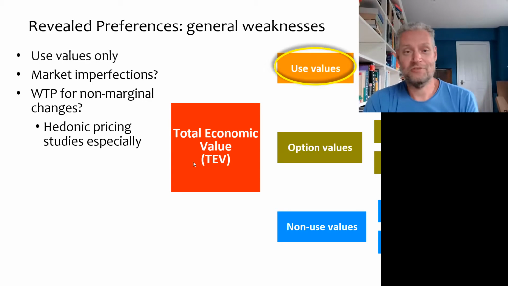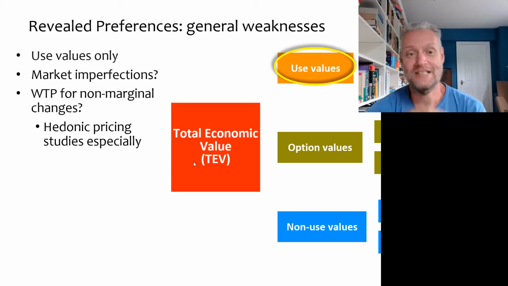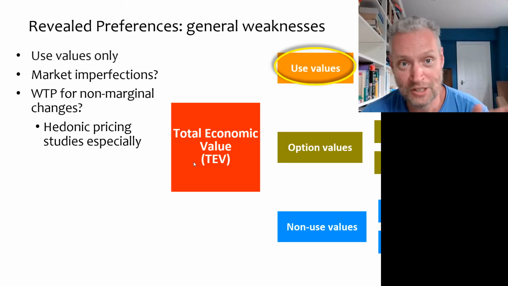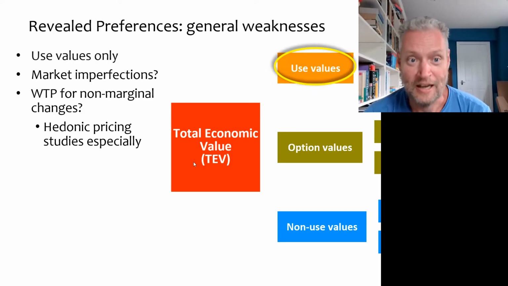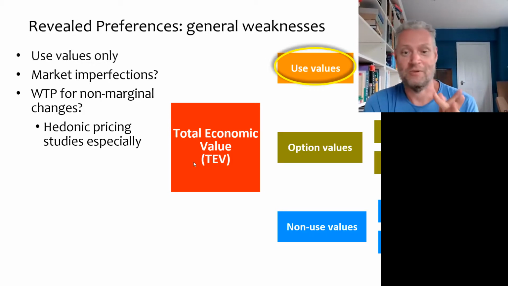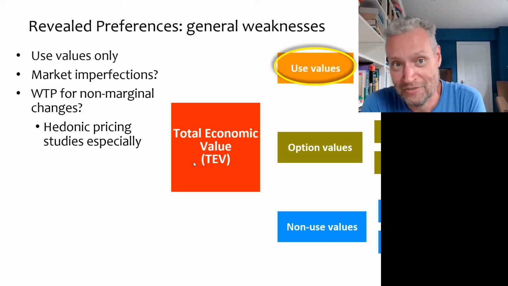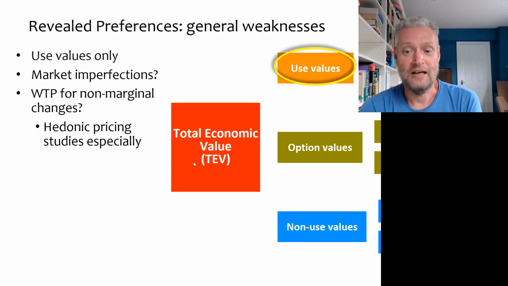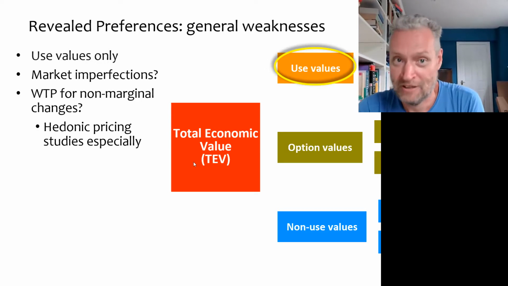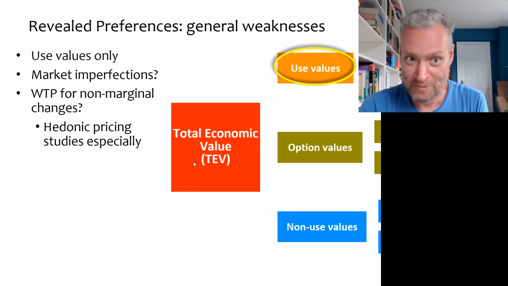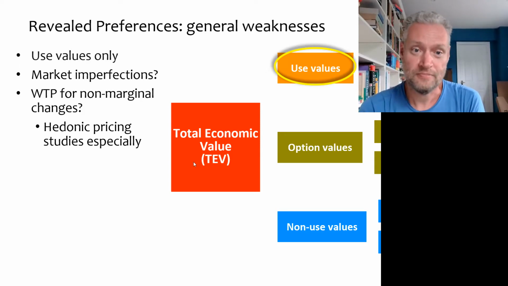The weakness of revealed preference methods is that you can only use it to study use values. You can only use this to look at part of the total economic value. Very rarely things are bought for their option value, and never are things bought for non-use values by definition.